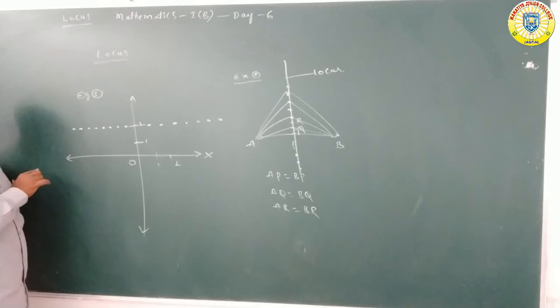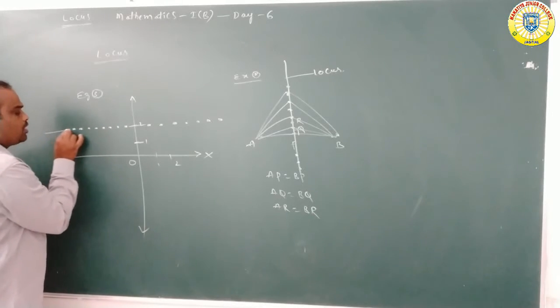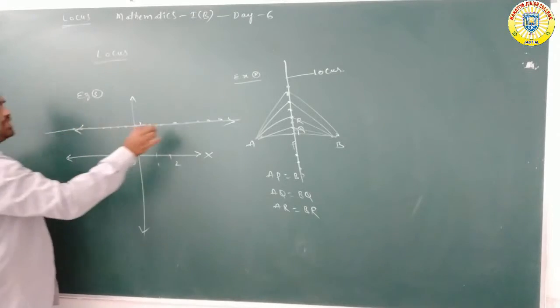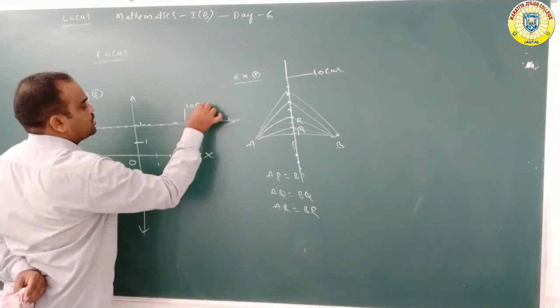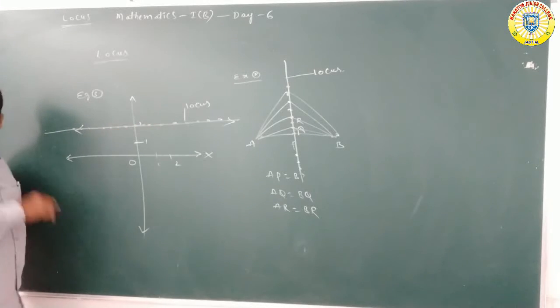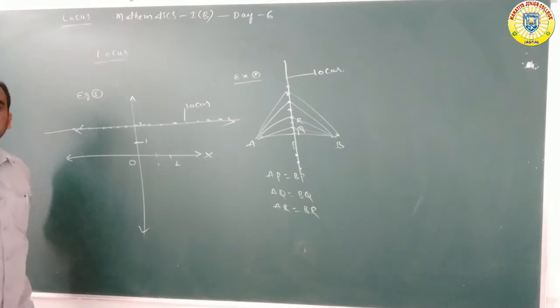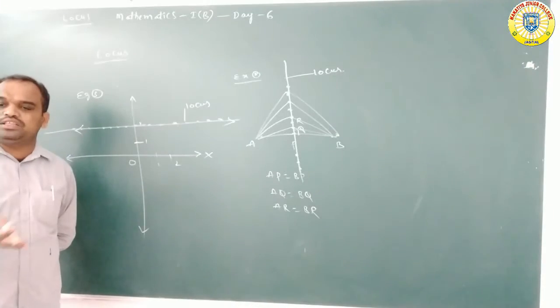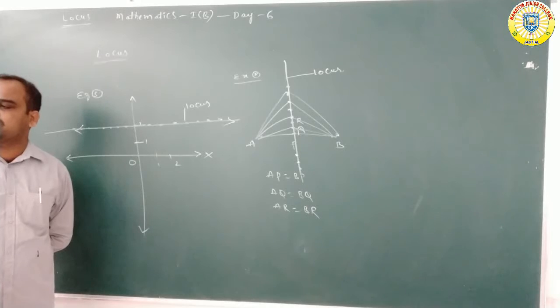That is why they satisfy the given geometrical condition. This is our required locus; here the straight line is the required locus. Every locus can be described or represented by its algebraic equation.